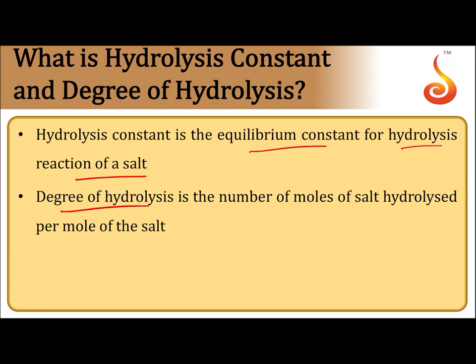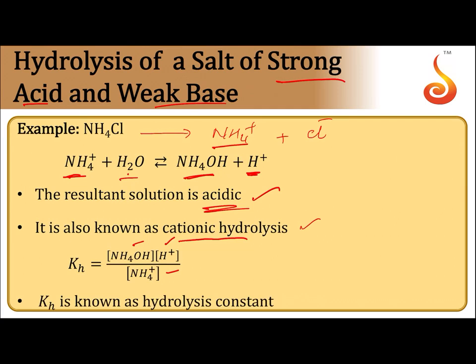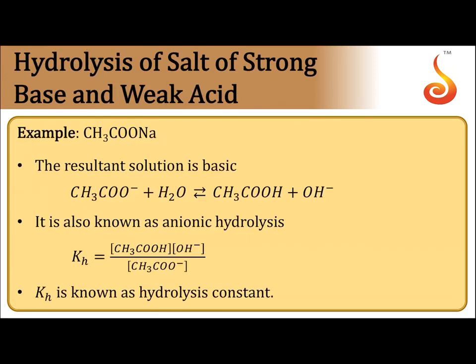And the degree of hydrolysis is the number of moles of salt hydrolyzed per mole of salt itself. It is represented by the symbol h. So Kh is the symbol used for the hydrolysis constant, and h is the symbol used for the degree of hydrolysis.